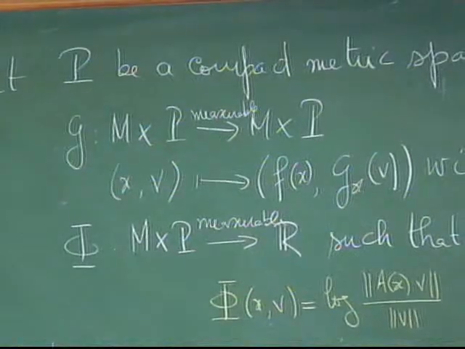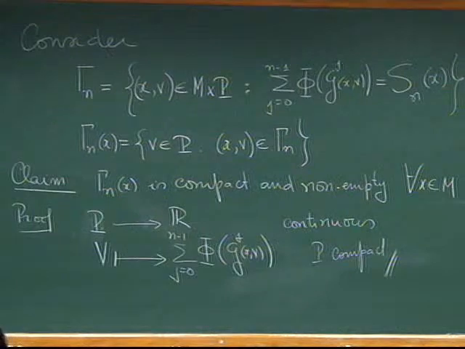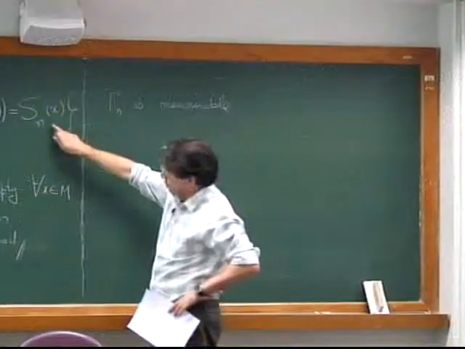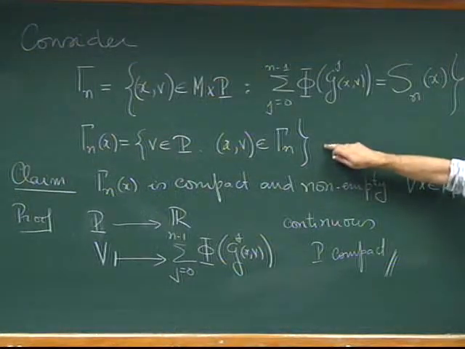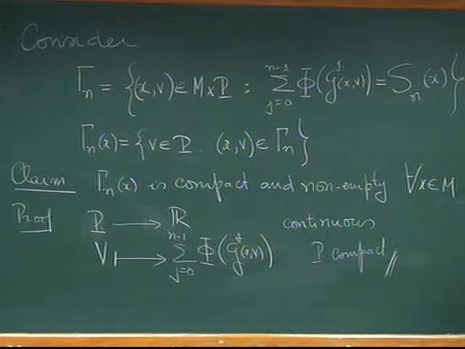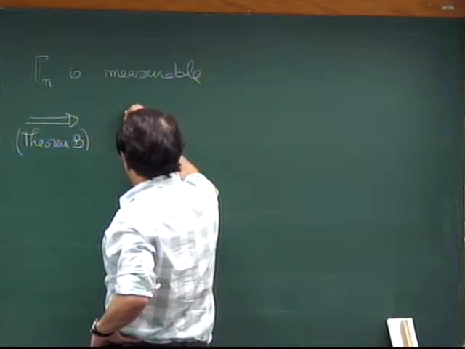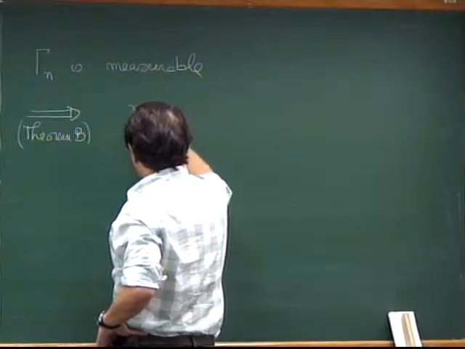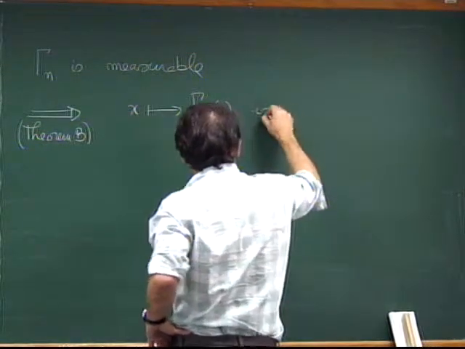And there was a proposition last time on Tuesday saying that if the graph of a function is measurable, then the function itself is measurable. So this, by theorem B that I mentioned last time, implies that x goes to Gamma_n(x) is measurable.